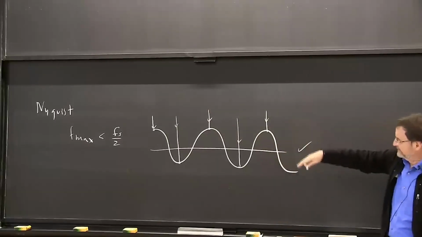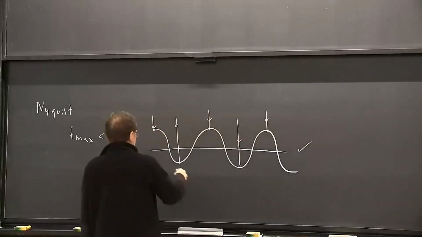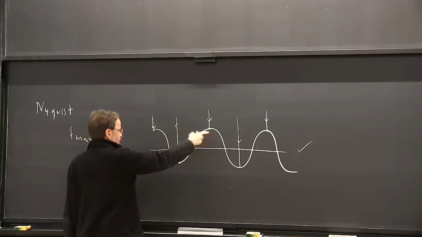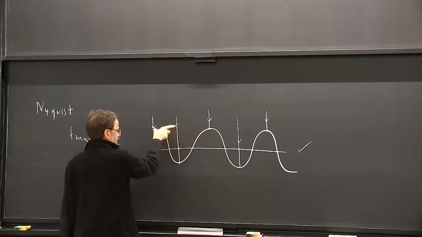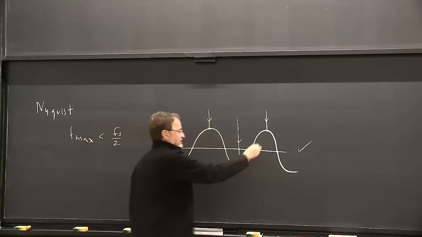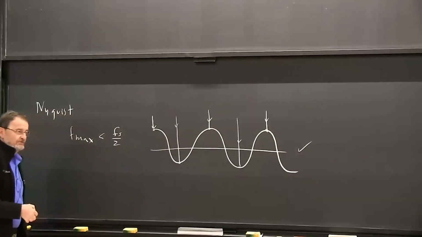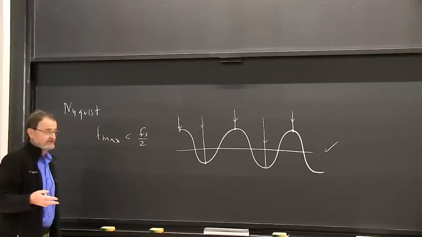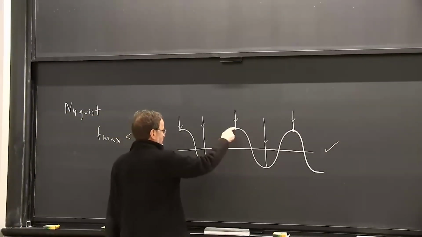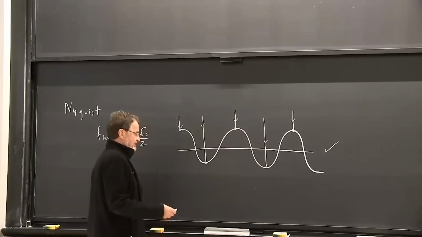We get alternating ups and downs. And also it's clear that if we sample at the full frequency, if we have a gap from here to there between samples, that's not going to work because all those samples are the same. So if you forget what the formula is, you just look at this diagram and say, if I alternately sample waves, troughs and peaks, then I capture the waveform.